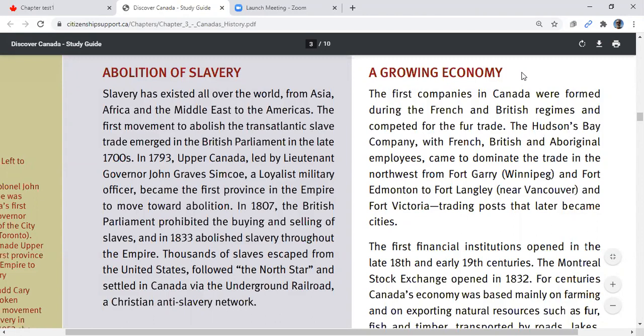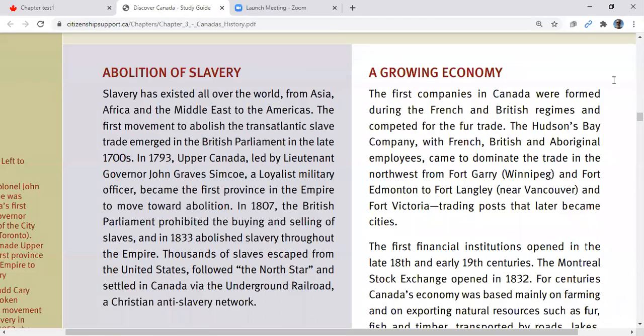So that's good. Okay, so this again, the first companies. This is sometimes a question: when were the first companies in Canada formed or created? And it was during the French and British regimes. That word regime means when one group of people control the country, they control everything.